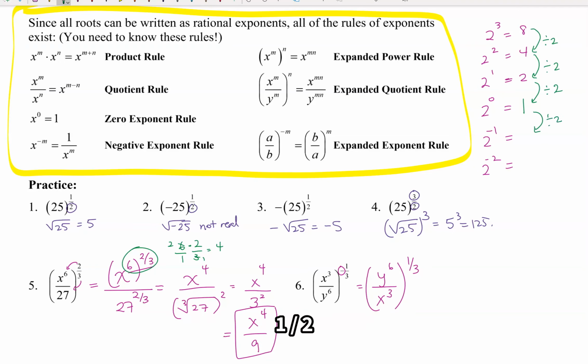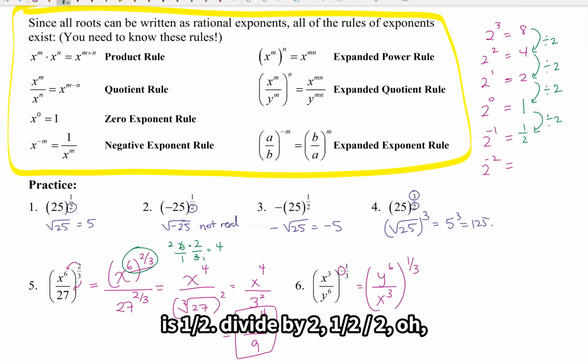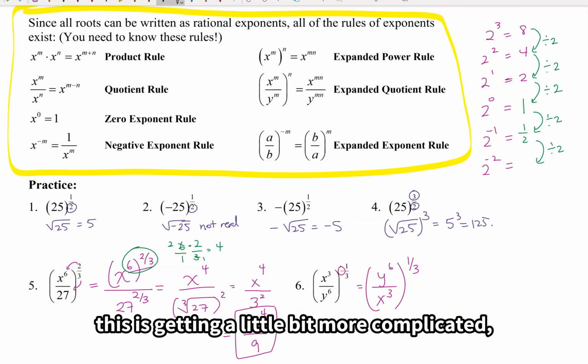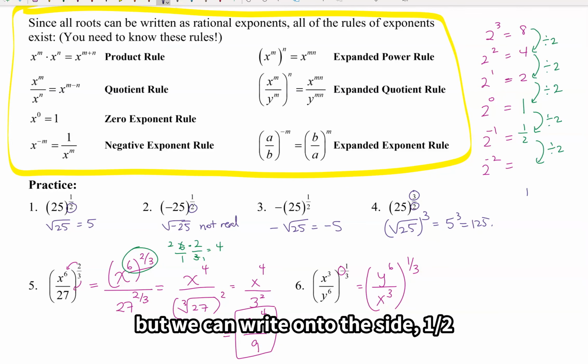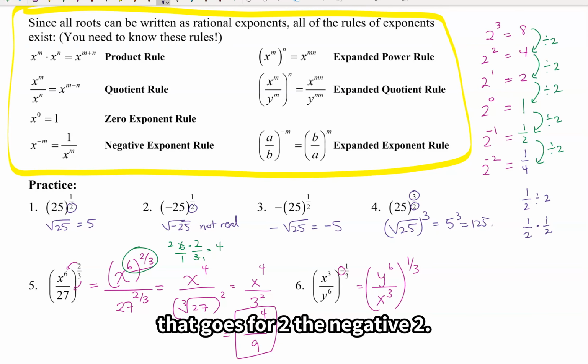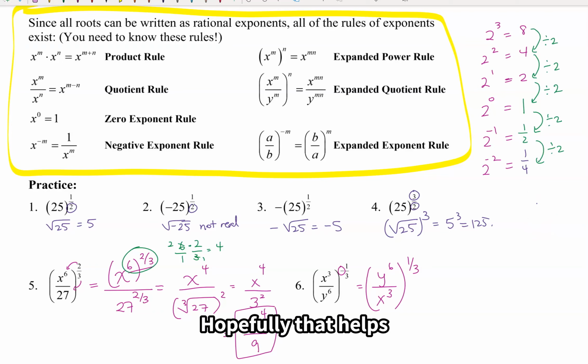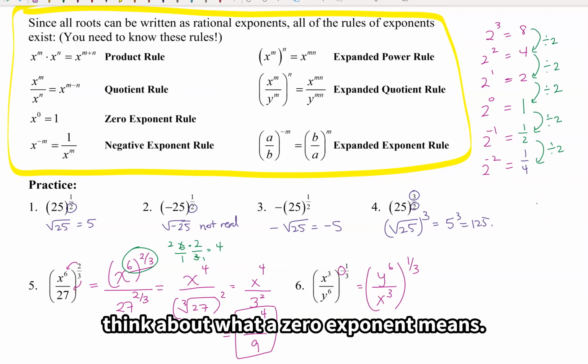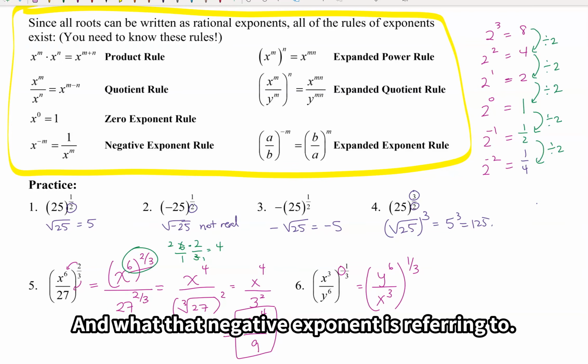Divide by 2. 1 divided by 2 is 1/2. Divide by 2. 1/2 divided by 2. Oh, this is getting a little bit more complicated, but we can write it to the side. 1/2 divided by 2. Copy, dot, flip. There's that 1/4 that goes for 2 to the negative 2. And hopefully that helps think about what a 0 exponent means and what that negative exponent is referring to.